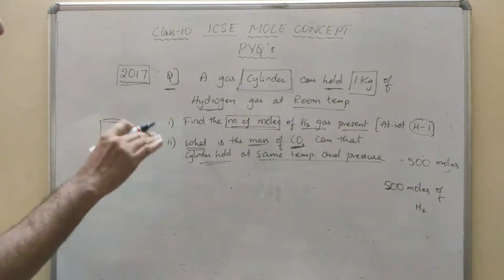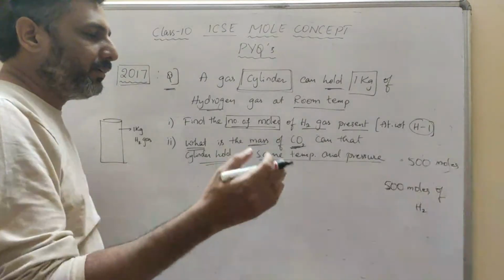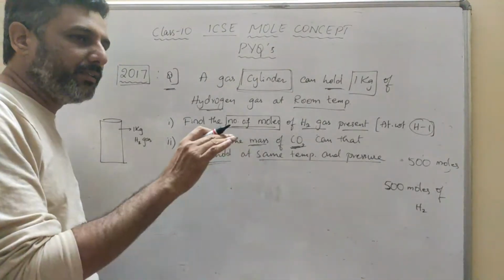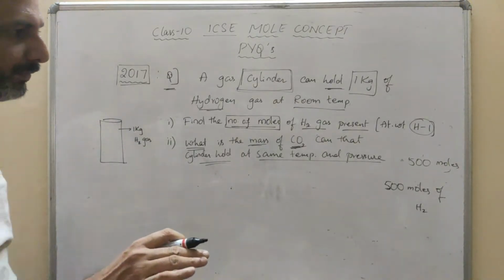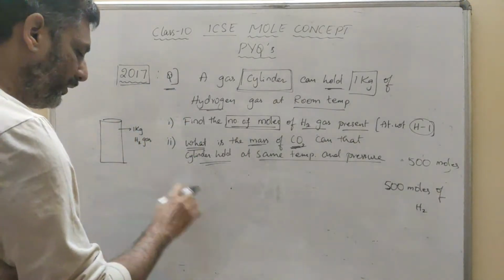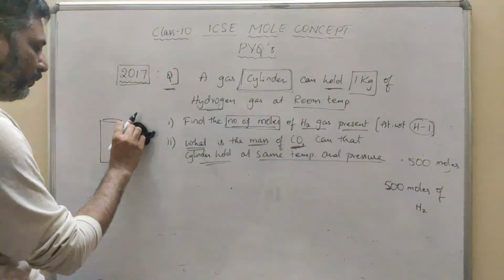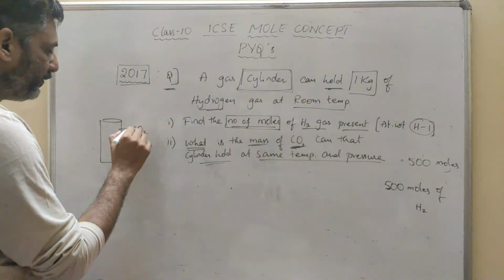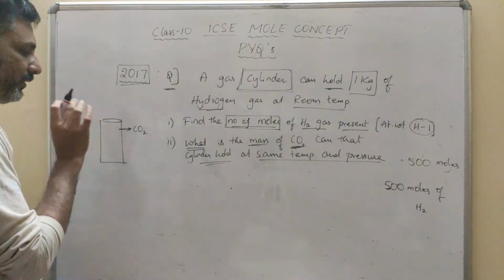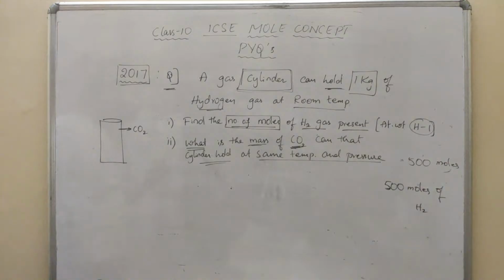Instead of hydrogen gas, you replace it by carbon dioxide under the same conditions, temperature and pressure remaining the same, in the same cylinder.